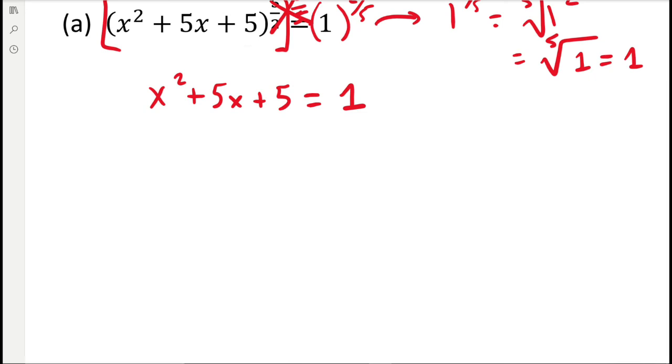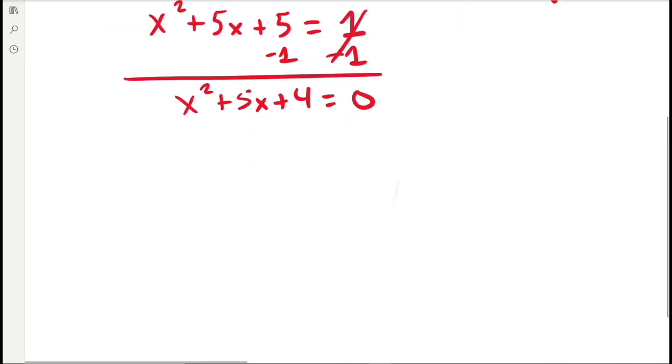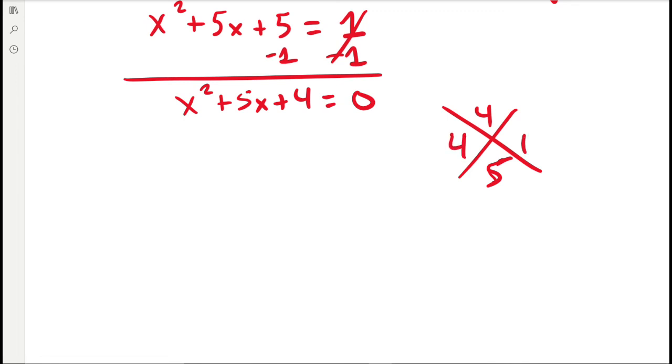All right, so now this is quadratic, so I'm going to go ahead and subtract the 1 on both sides, and I get x squared plus 5x plus 4 equals 0. And I can go ahead and factor that using an x table, of course. We got 4 and 5, which is going to be 4 times 1 is 4, 4 plus 1 is 5. So we get x plus 4, x plus 1 equals 0.